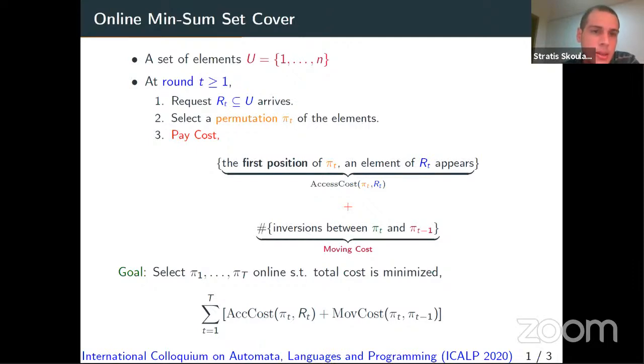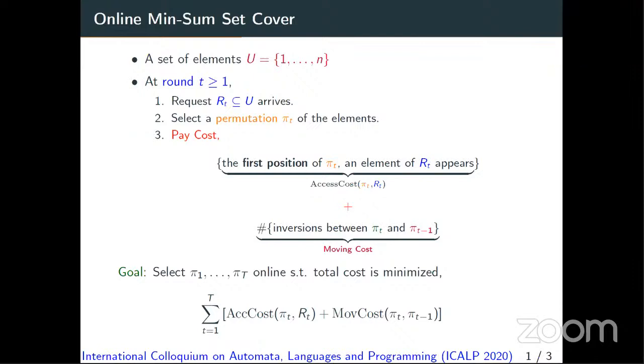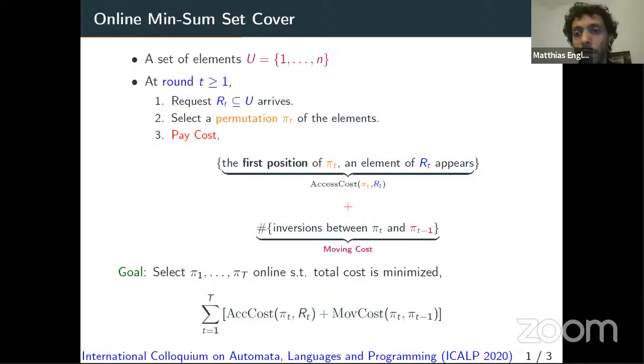We just studied the online version. Just a comment: in the offline version, what you ask has been studied as the generalized min-sum set cover, but for the online version, there is nothing known. I see.